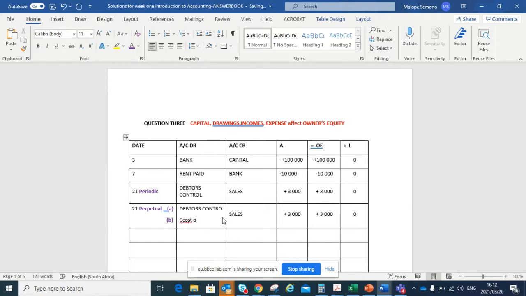Cost of sales, and I'm also going to have trading inventory.